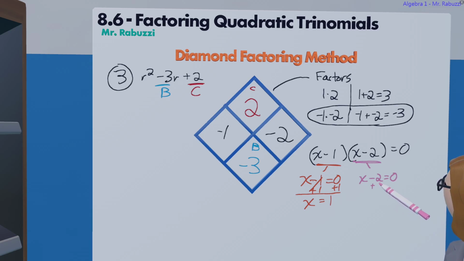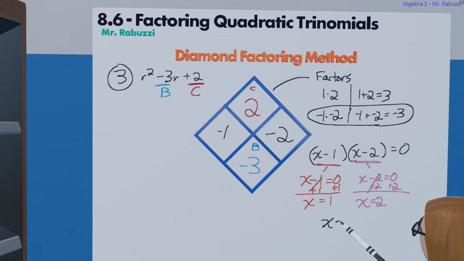Solve it, so plus 2, plus 2. These are some nice, easy algebra problems. Once we get to this step, we get x equals 2. So, what are our two answers? Remember, we can have two answers. So our answers are that x equals 1 and it equals 2. There are two answers.